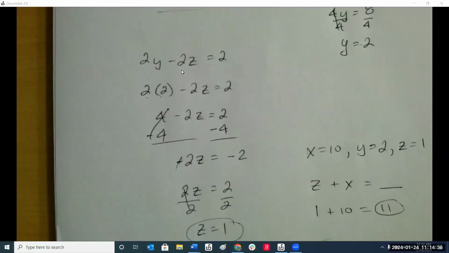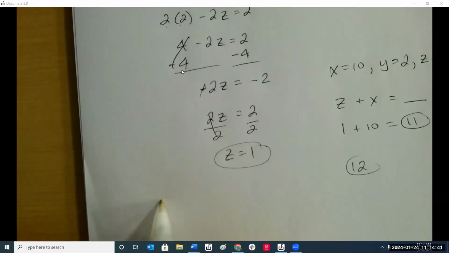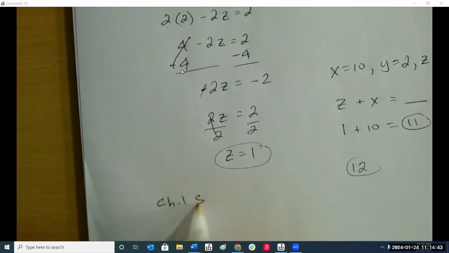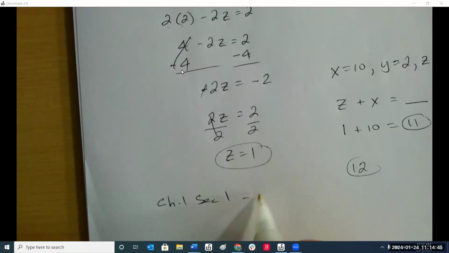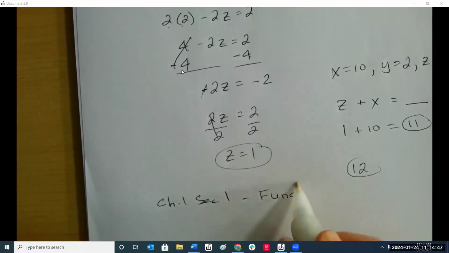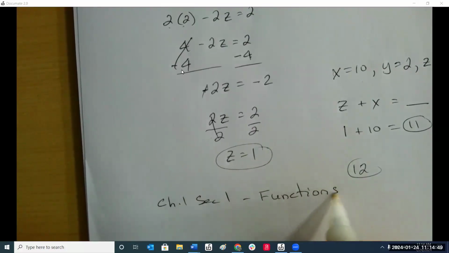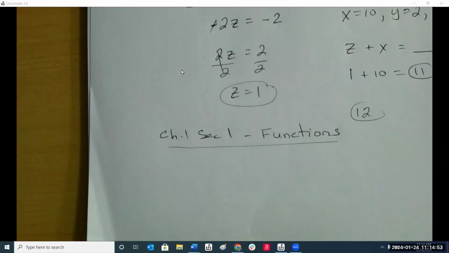This will lead into our topic today, chapter 1, section 1, functions. What is a function?